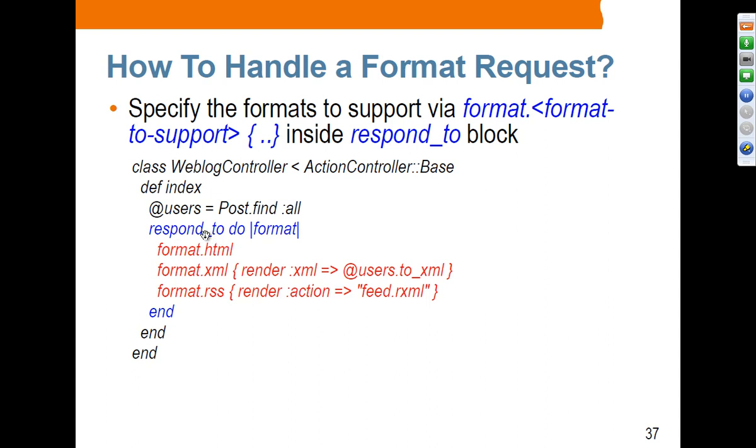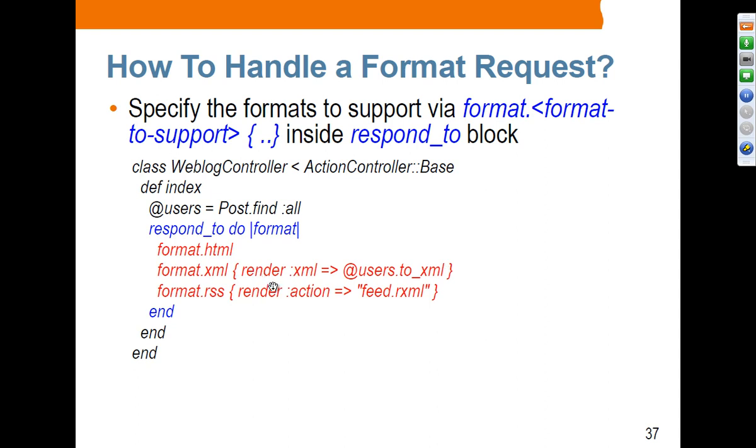You pass a block, where you specify what view you want to return. If the format is HTML, that's the default, so it will just select the HTML file that we've been selecting so far. However, if the format is XML, then this is going to be executed.